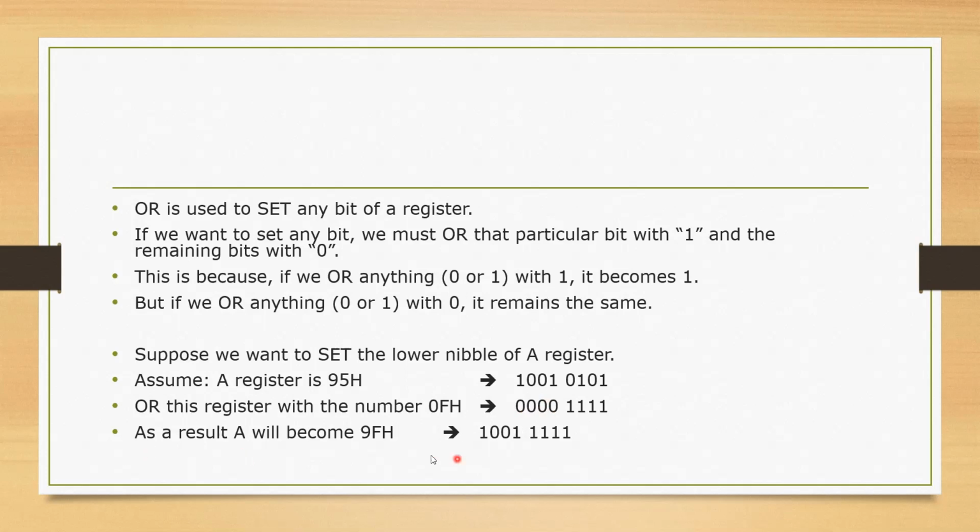When we OR with 1, we get the answer 1. And if we OR with 0, we get the number as it is. The number is the same. So 9F is the answer that we get at the accumulator register. So the lower nibble of the accumulator register is set. All the lower nibble bits are set.